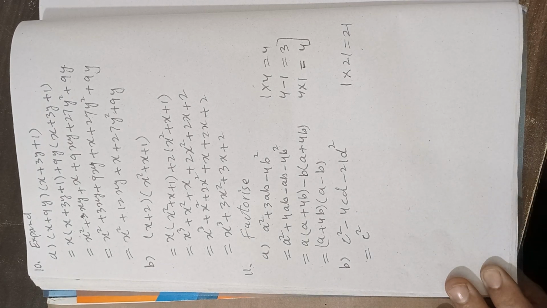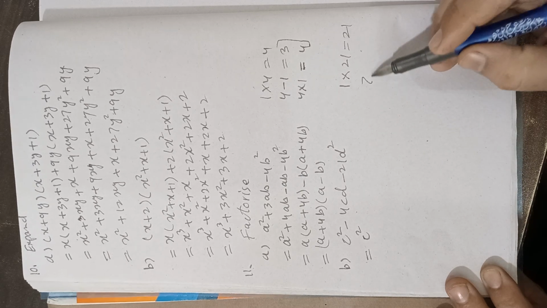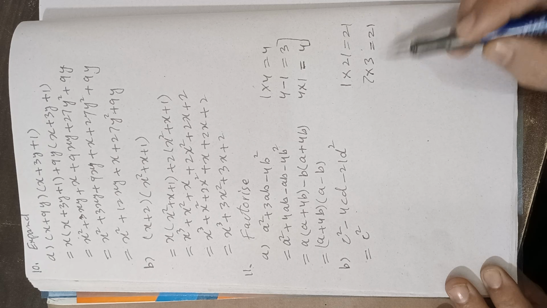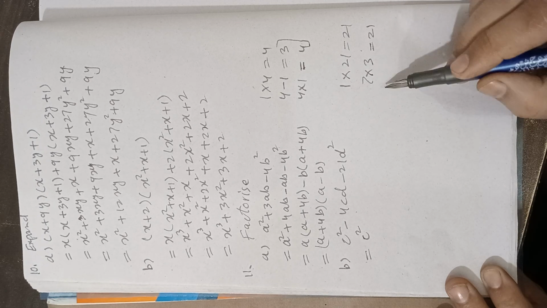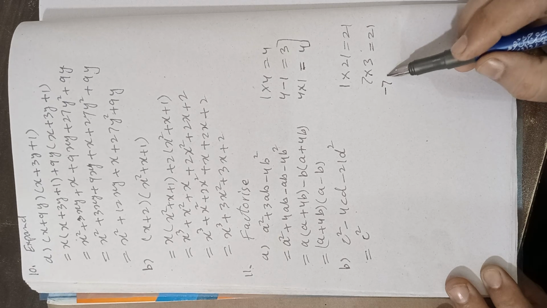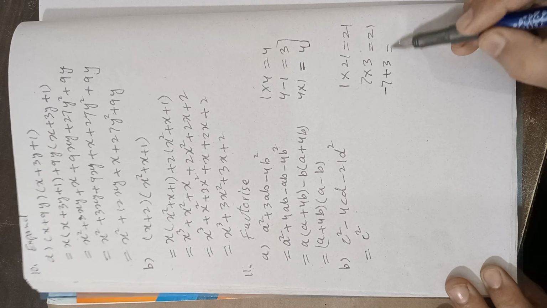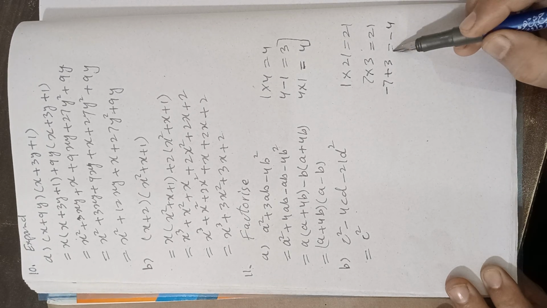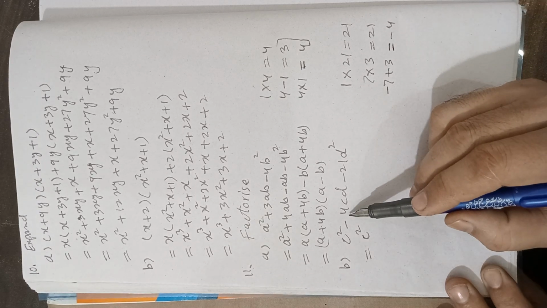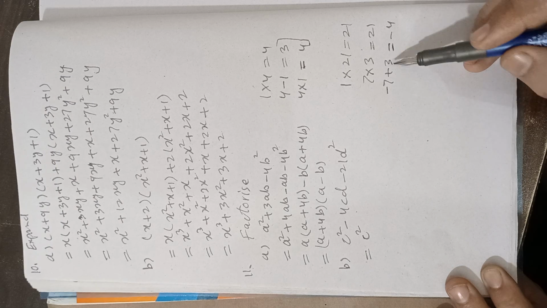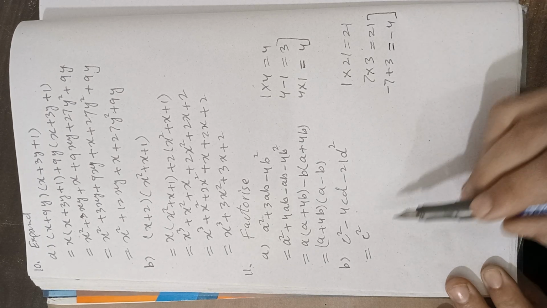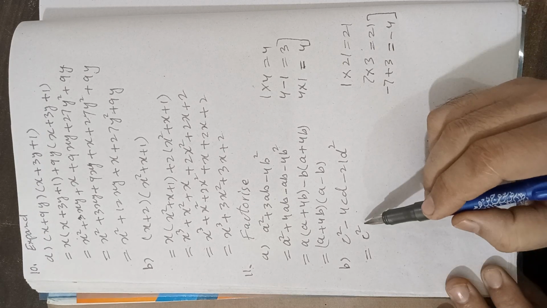And you know that when you multiply 7 by 3, the answer is 21. 7 3s are 21, and if you have minus 7 and plus 3, the answer is minus 4, which is this one, and 7 multiplied by 3 is 21. Both the conditions are being fulfilled, so our pair is right.